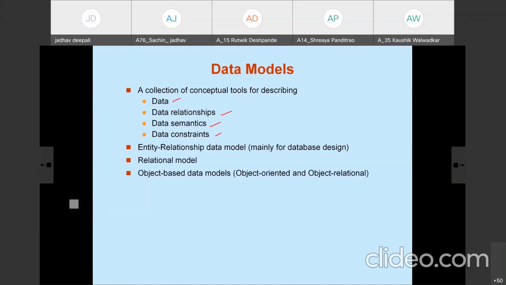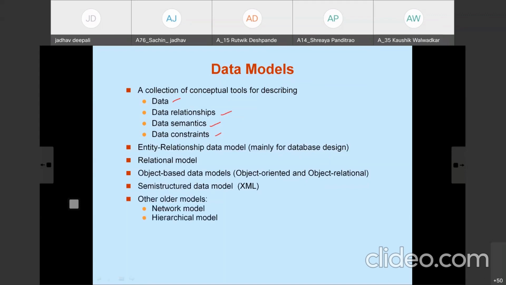The third one is the object-based or object-oriented data model, and the semi-structured data model, which is XML. These two models are covered in advanced database systems. In basic database management systems, we are going to see the ER model and relational model in detail.